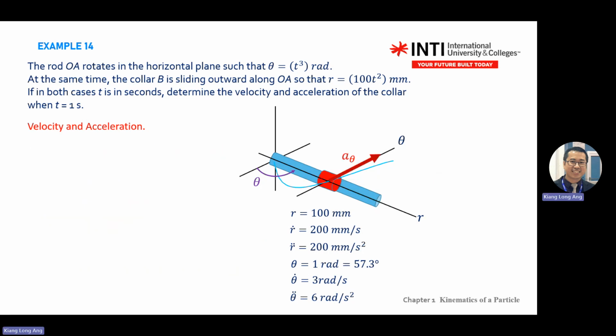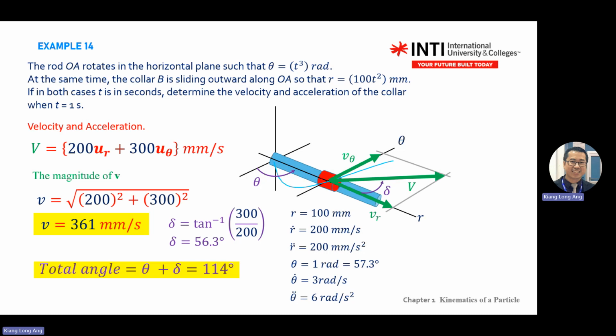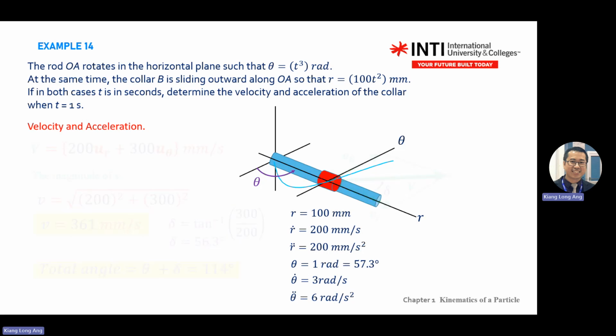Once you have that velocity, you do the same for acceleration, right? So you change the diagram, or you can overlap the diagram with different colors of pens. So you put in the R and theta. In this case, the R is pointing inside.